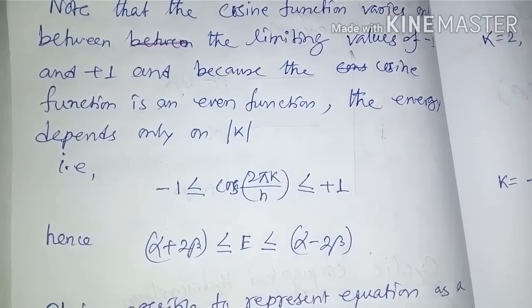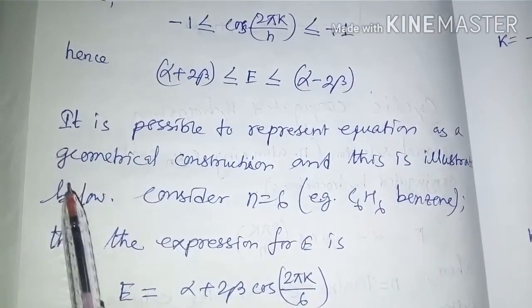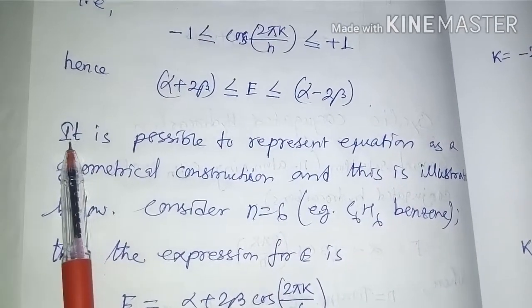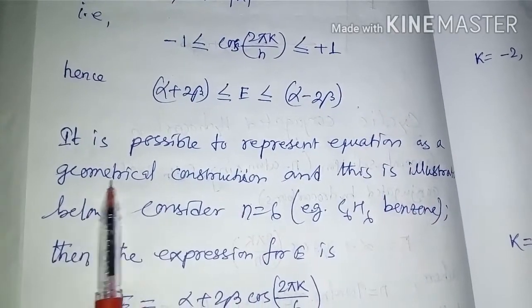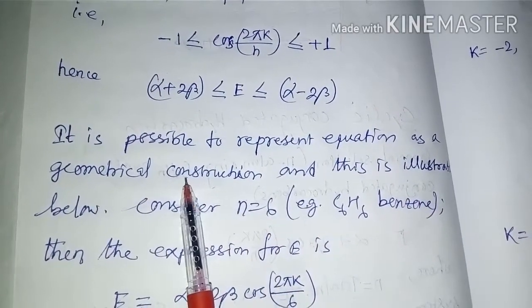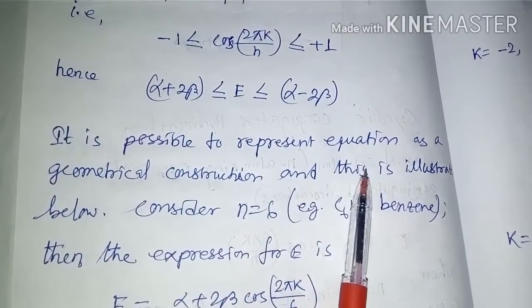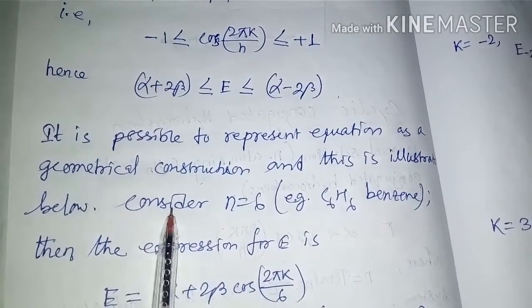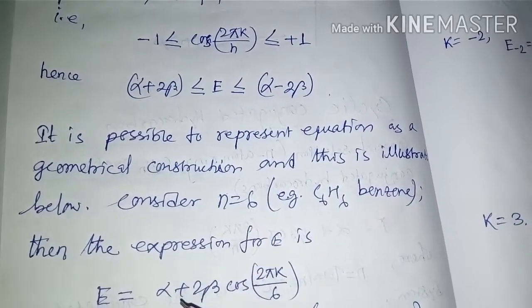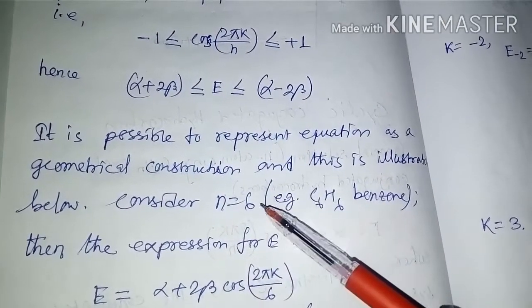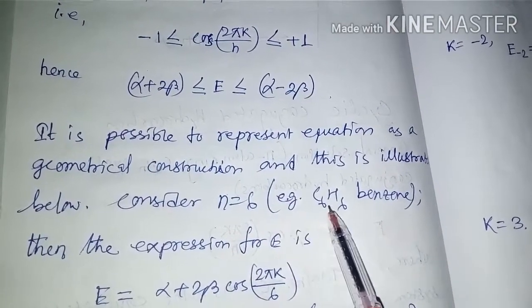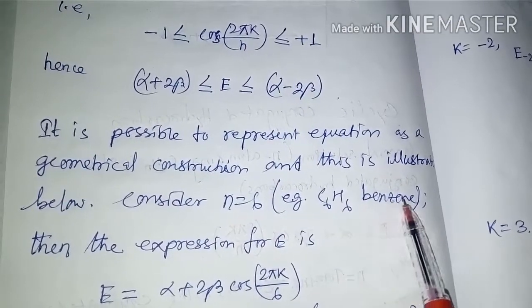Now it is possible to represent the equation as a geometrical construction, and this is illustrated below. Consider n equal to 6. Suppose n equal to 6 means what? How many carbons are present? That means n value is 6. Then this is cyclic system, C6H6 benzene.